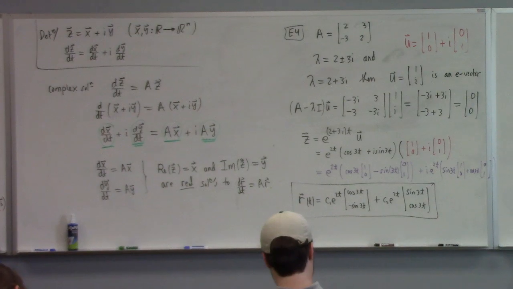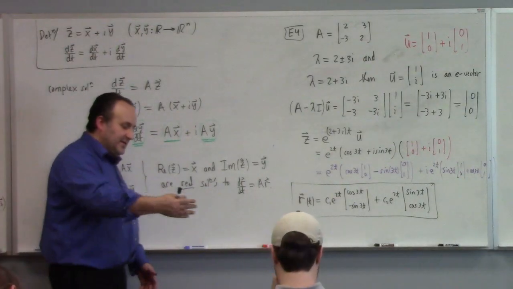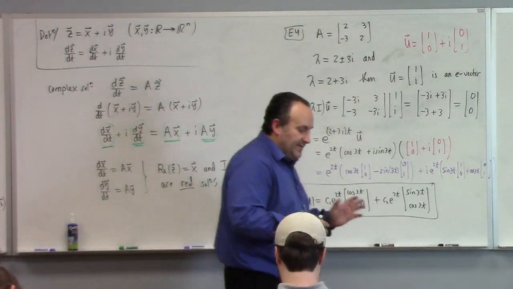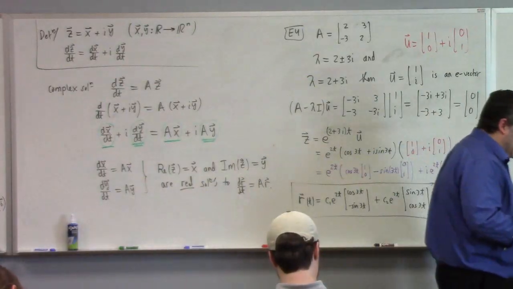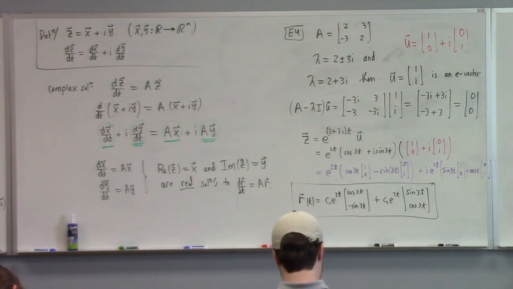And because of the details of the mathematics here, they have to be linearly independent. That's an automatic consequence of the eigenvalue being complex with a non-zero beta, which forces linear independence of the vector a and the vector b comprising the complex eigenvector. I think I proved that for you guys. And so that's the solution.